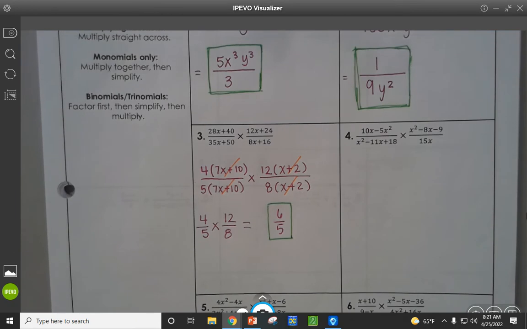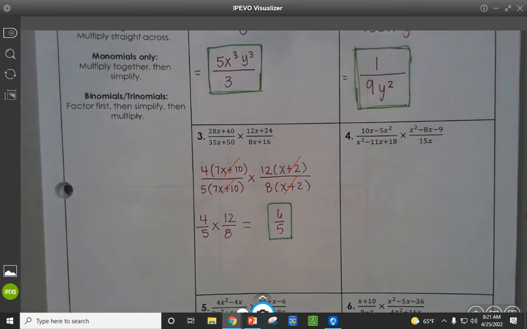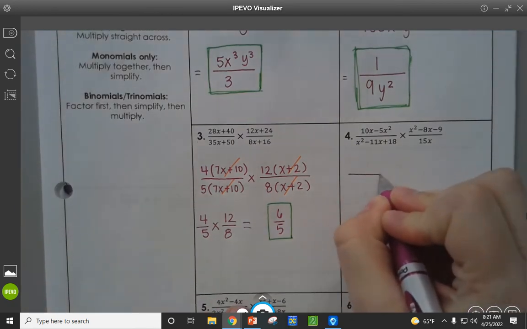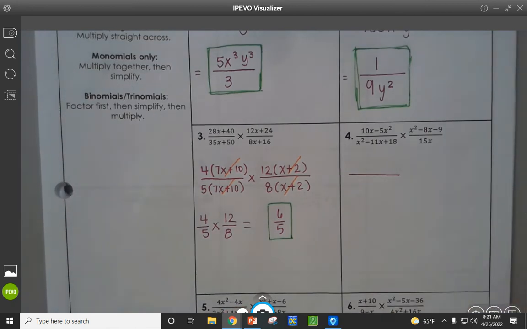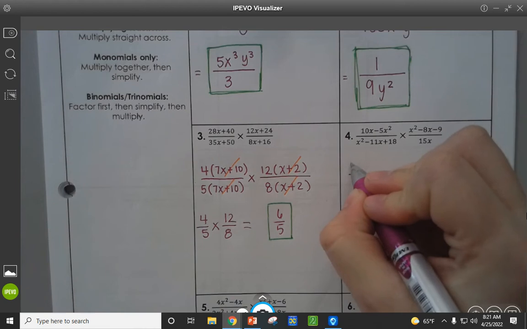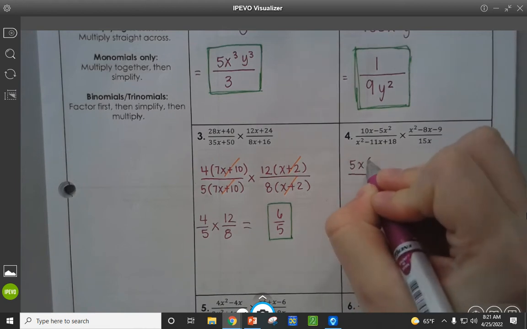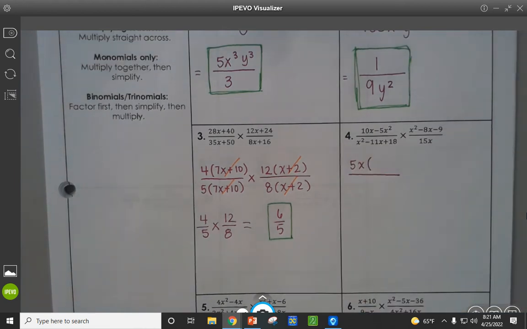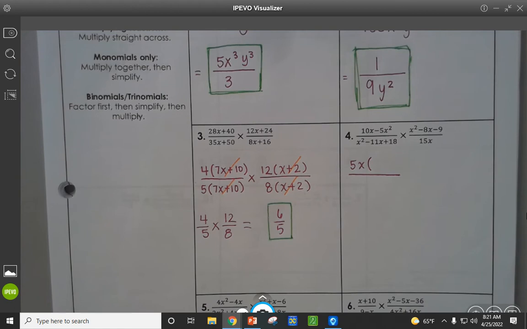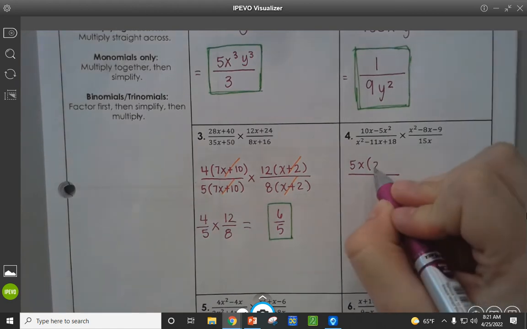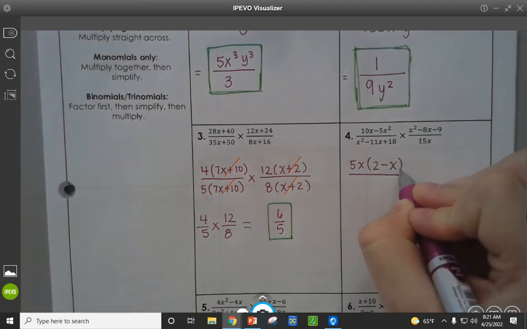All right, number 4. Factor everything. So in the top, do we have a GCF? 5x. And that leaves us with 2 minus x.